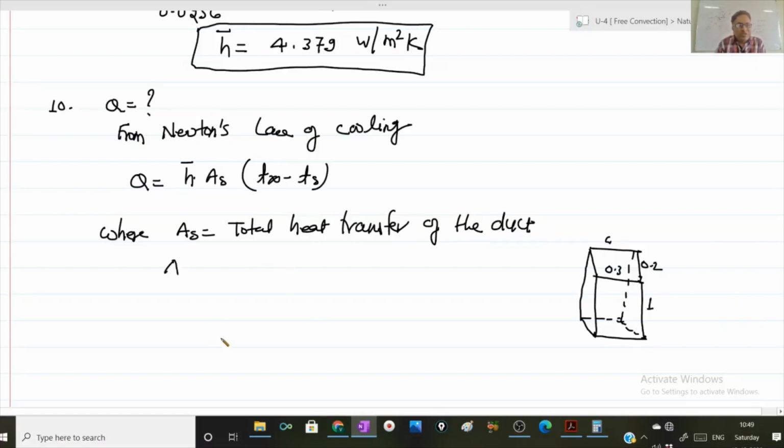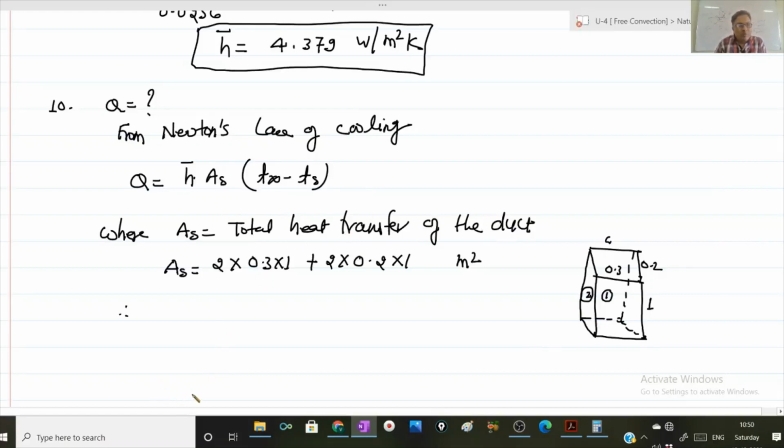So total surface area will be the surface area of this face, and there are two such surfaces, so twice into 0.3 into 1 meter. Similarly, the surface area of this face, there are two such faces, so twice into 0.2 into 1 meter square.